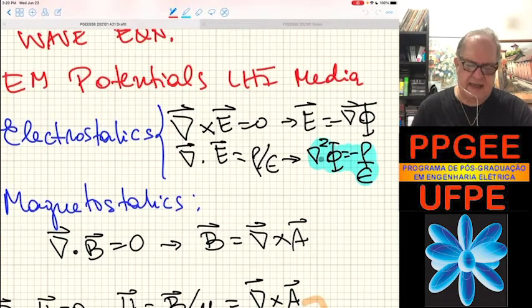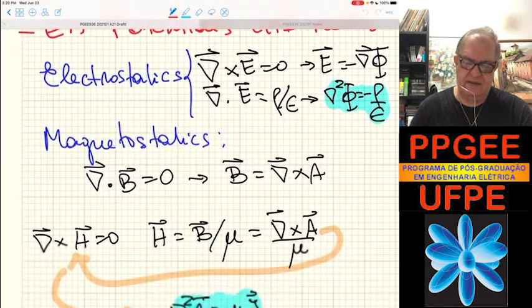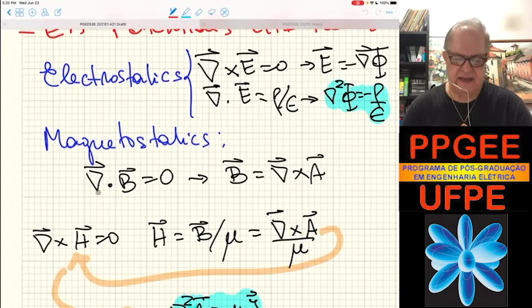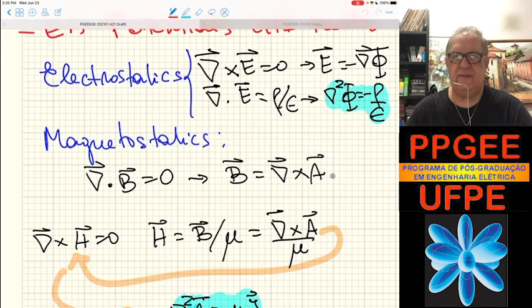In magnetostatics as well, B is a solenoidal field, with zero divergence. So B can be derived from the curl of another vector function, which is the vector potential. That's the intermediate quantity.